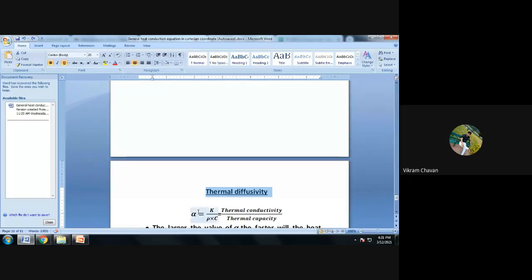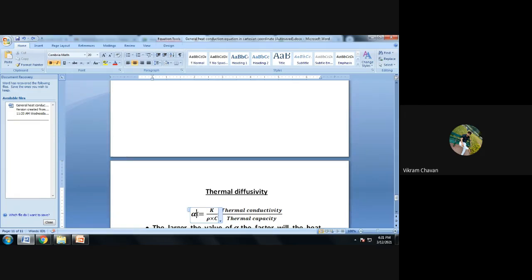Now if alpha is more, then we can say that diffusion is faster. And if alpha is lesser, diffusion is slower. So for increasing alpha, higher thermal conductivity is required, and lower thermal capacity is required.